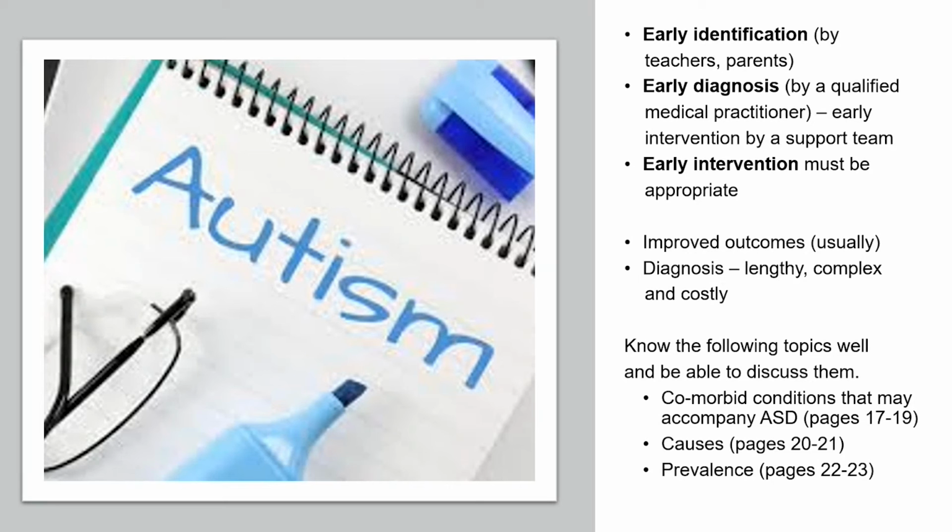It's also complex because many parents report that they might have different diagnoses at different times and by different practitioners. So you could have a diagnosis of obsessive compulsive disorder or attention deficit hyperactivity disorder, autism spectrum disorder.